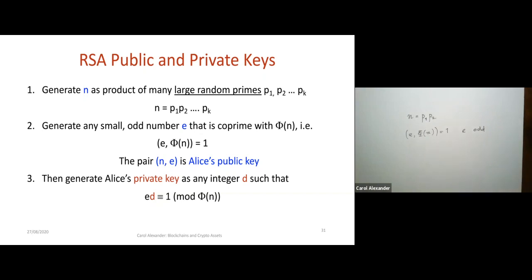And then the public key is going to be n, e, and then the private key is any number D with E times D congruent to 1 mod n. Okay, so that's the private key.